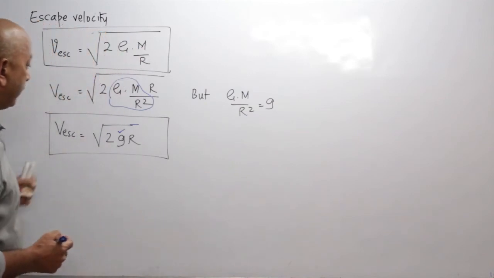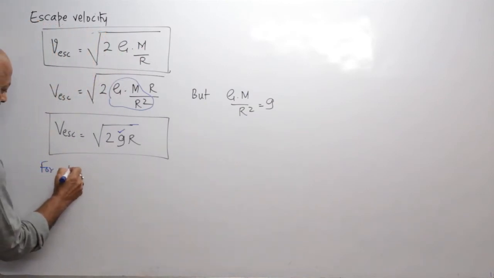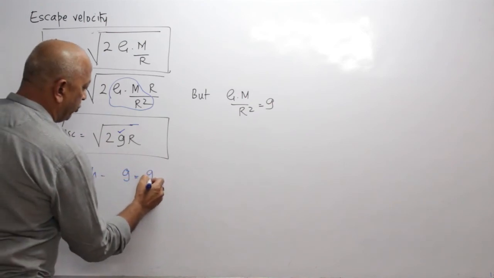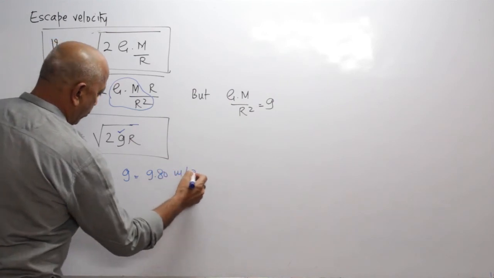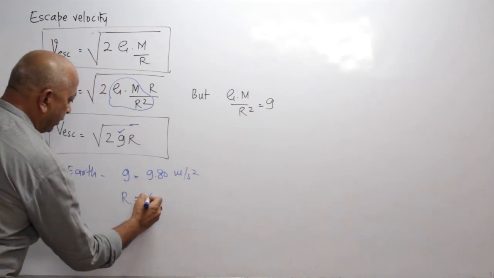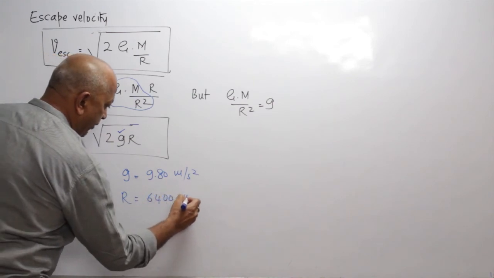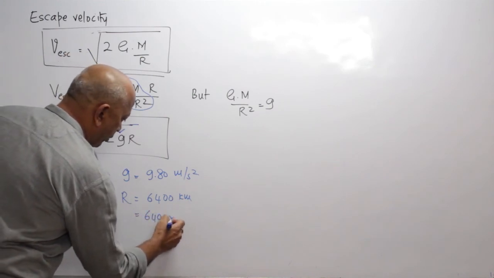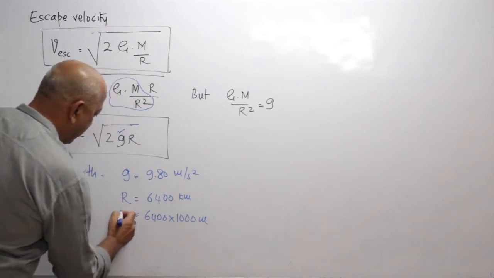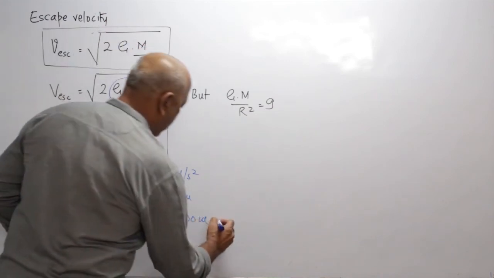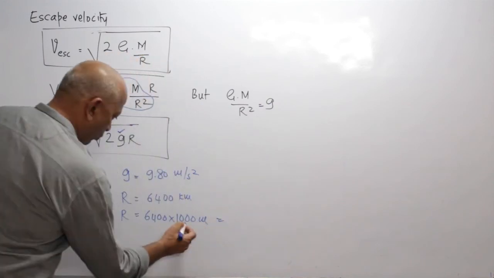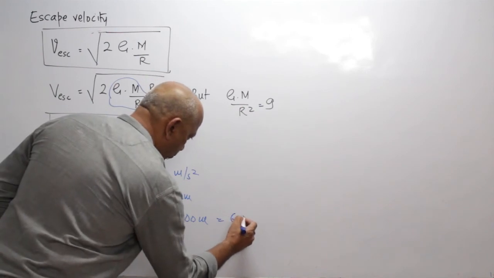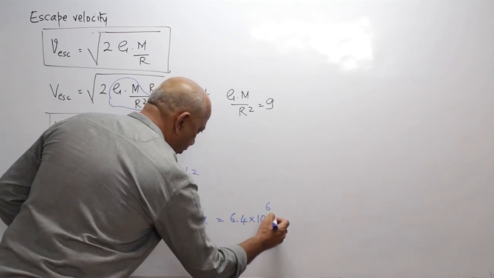Now for earth, g is equal to how much? That is equal to 9.8 meter per second square. And the radius of the earth is equal to 6400 kilometer. This is nothing but 6400 into 1000 meters, and this value comes to be 6.4 into 10 raised to 6 meters.